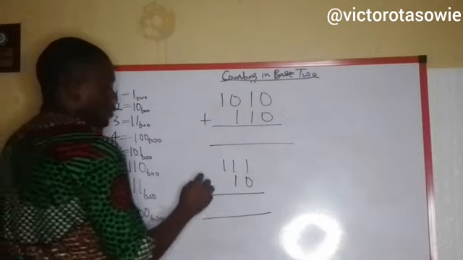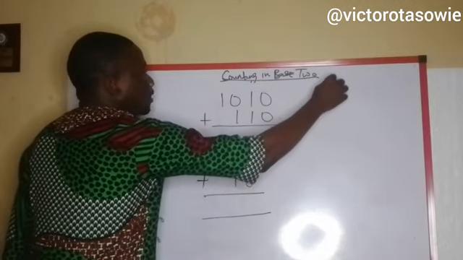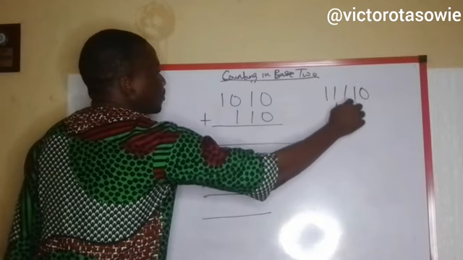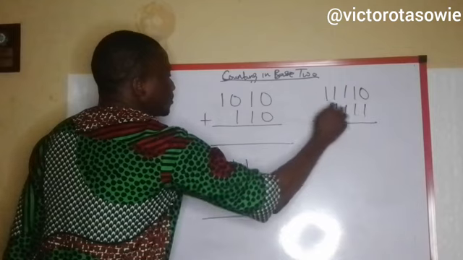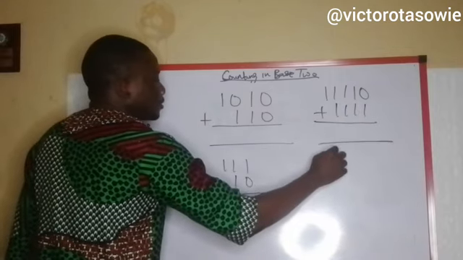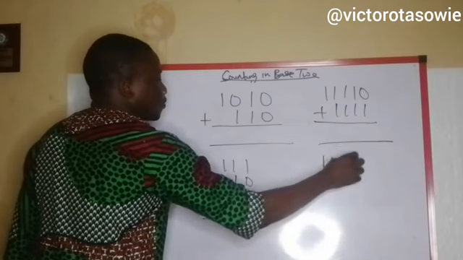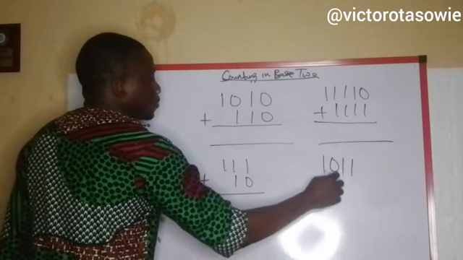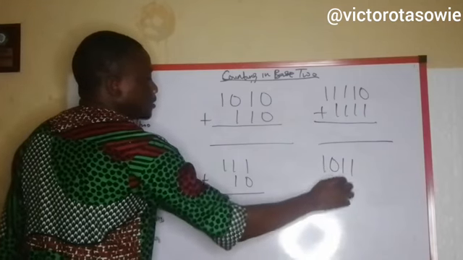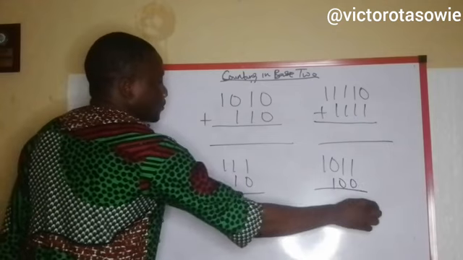So maybe the next question can be 1, 1, 1, 1, 0 plus 1, 1, 1, 1. Then another question can be 1, 0, 1, 1, minus 1, 0, 0 for this.